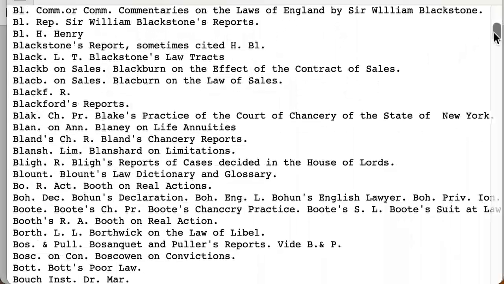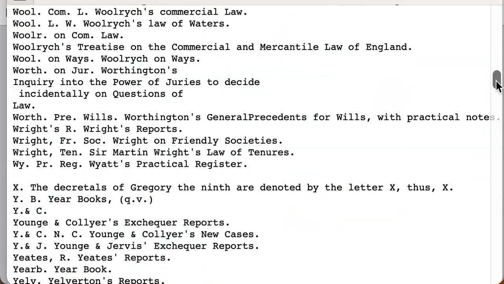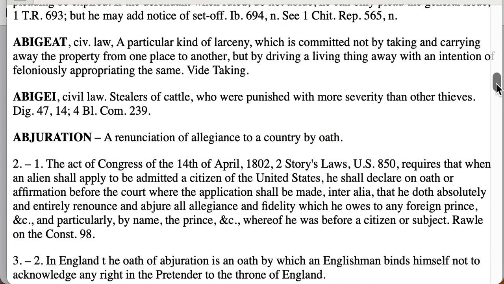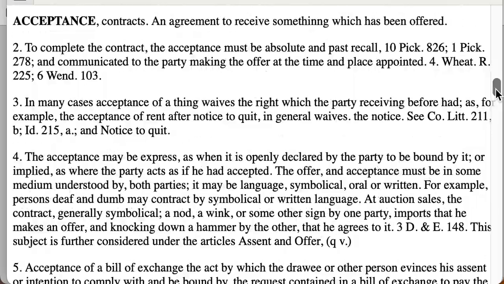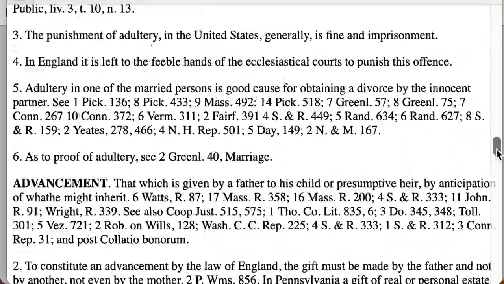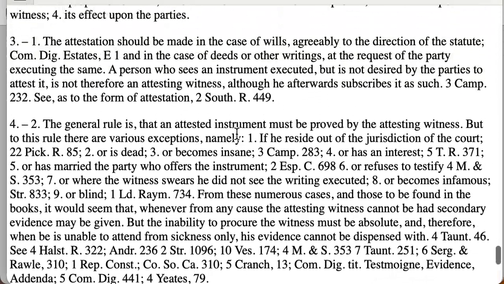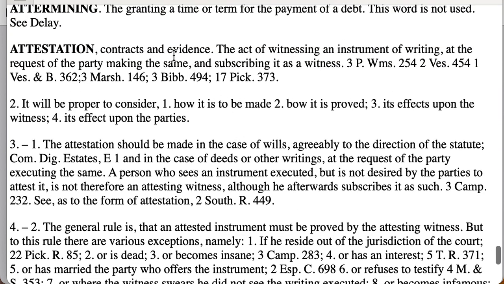So we're down here, let's find the attestation. If you want to find this Bouvier's Law Dictionary online, go to Google, type 1215.org, Bouvier's Law Dictionary, and it'll pop right up. So I'm just going to go through some of these real quick. Contracts and evidence. So we're already seeing when we're talking about attestation, we're talking about evidence again.